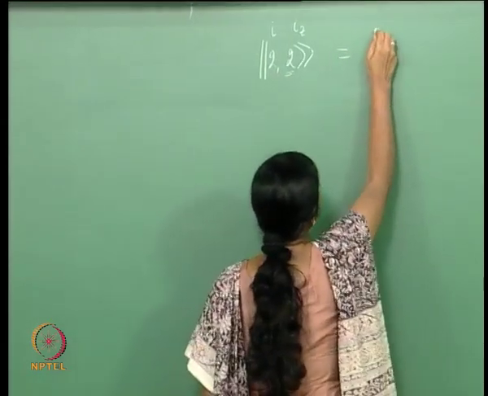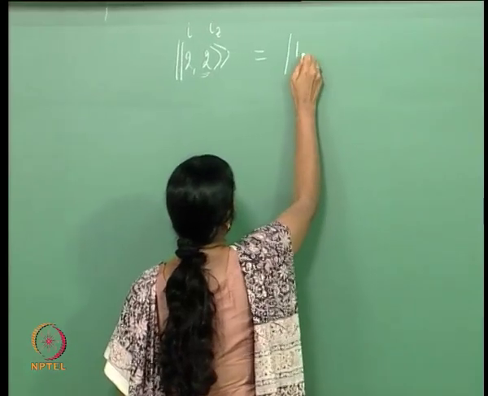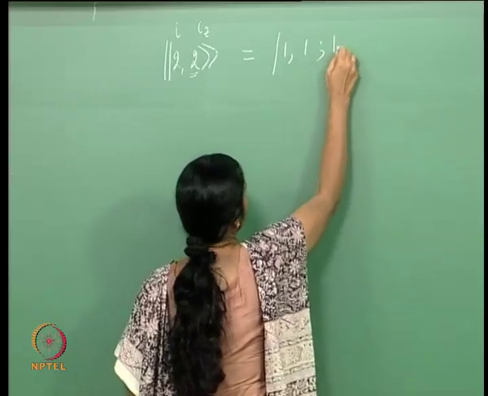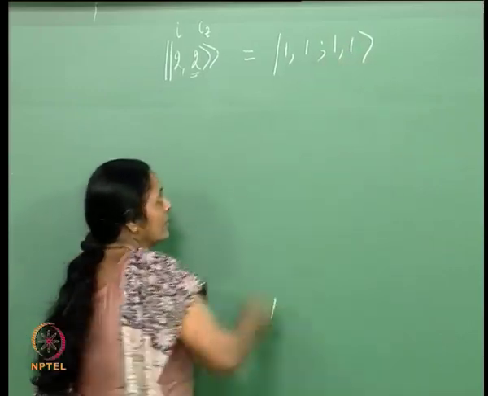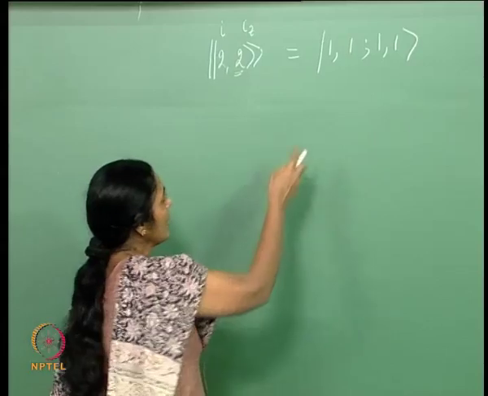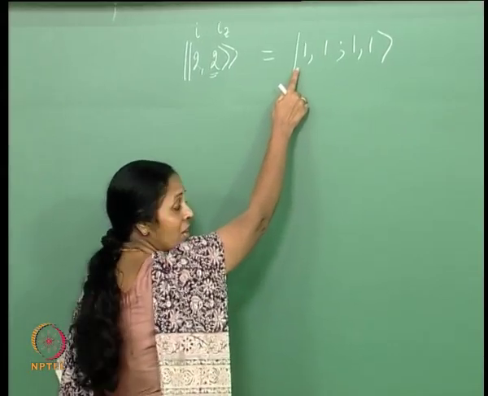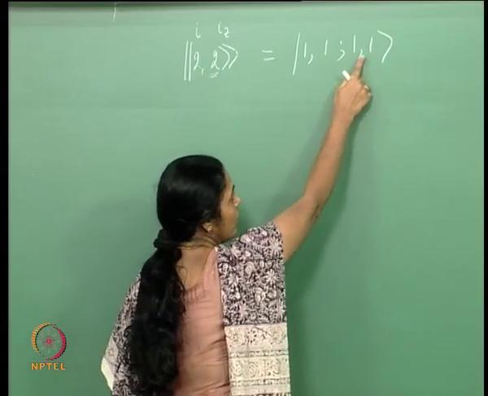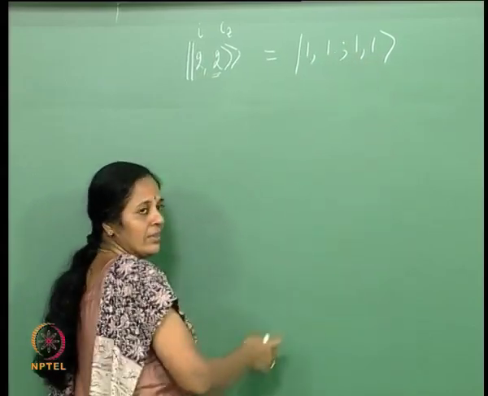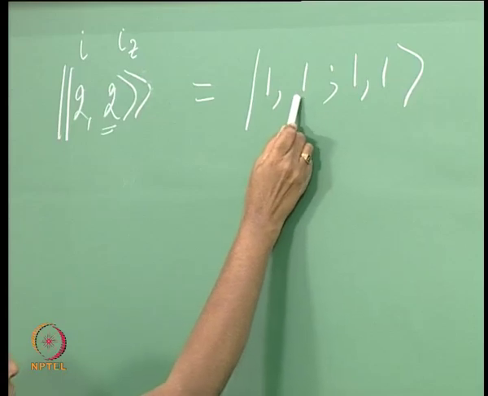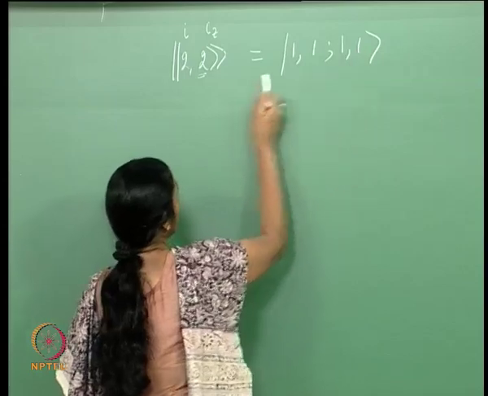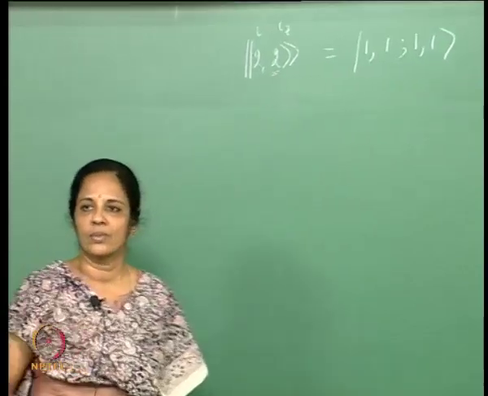So clearly the contribution has come from the uncoupled basis 1 comma 1 and another 1 comma 1. I have combined an I1 is 1, I1z is 1, with I2 is 1 and I2z is 1, and by scalar addition these two I1z and I2z add up to give me 2.